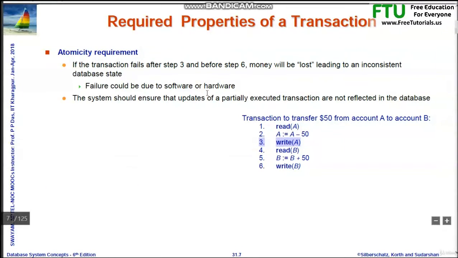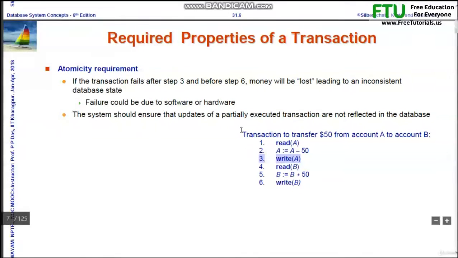The system should ensure the updates of a partially executed transaction are not reflected in the database. That means atomicity. So write A is actually not writing in the database. It is writing in a small buffer, in our main memory.